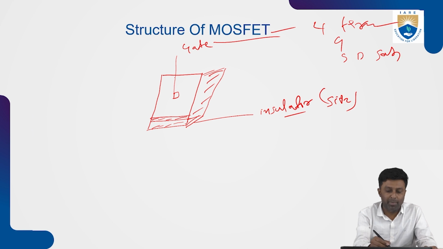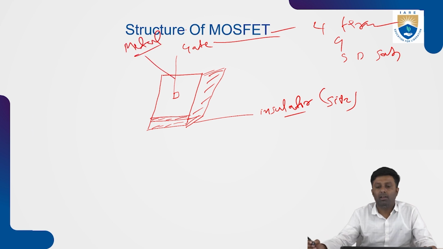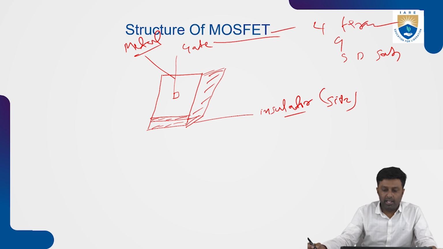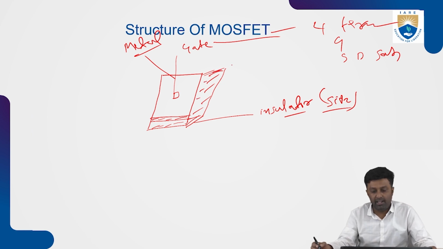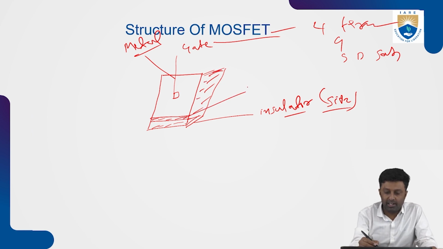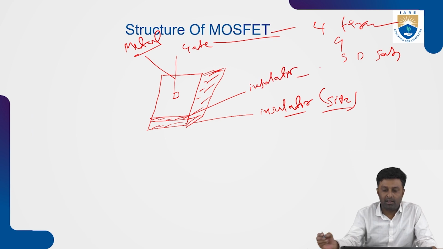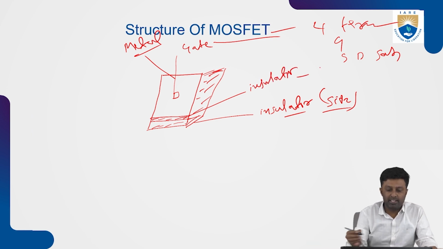The first part is the metal, aluminum. The second is the oxide, most commonly silicon dioxide, and here is the insulator. So these are two terminals.